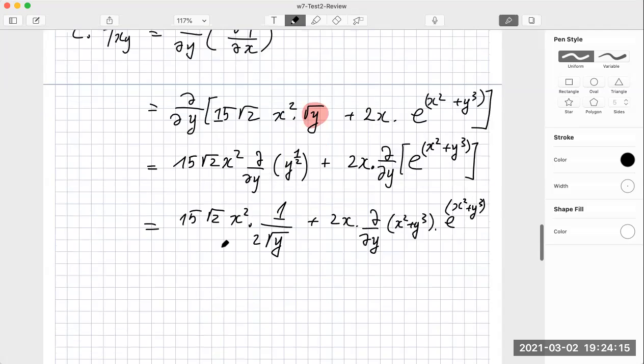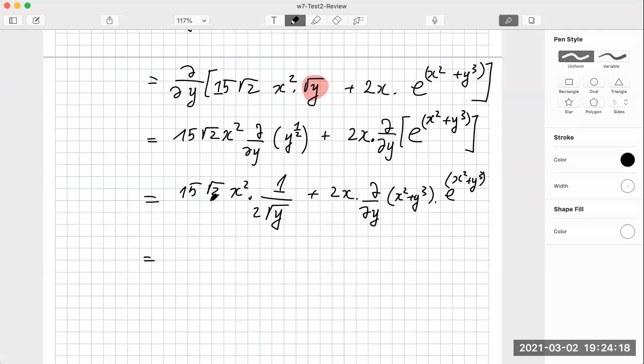Okay, let us simplify it. Here it will be 15 square root of 2 over 2 x squared divided by square root of y, because x squared is a constant times 1 over square root of y, which is the same as this one. Plus 2x times the partial derivative of this with respect to y, so it will be 3y squared e to the x squared plus y cubed.